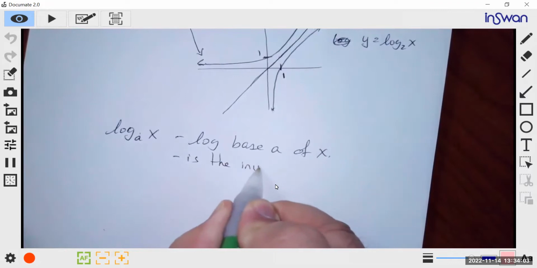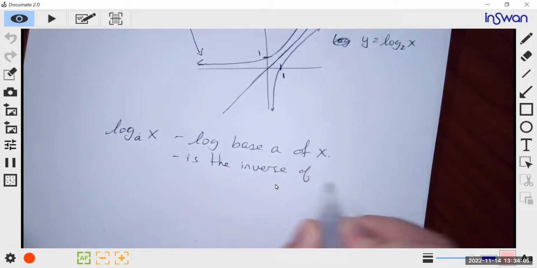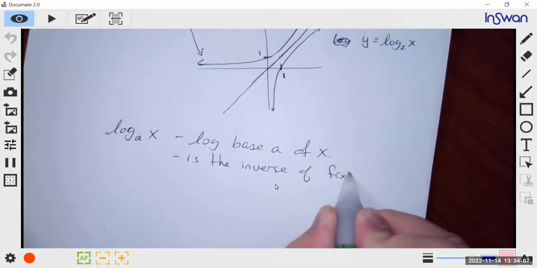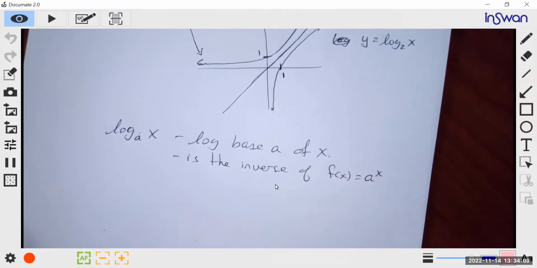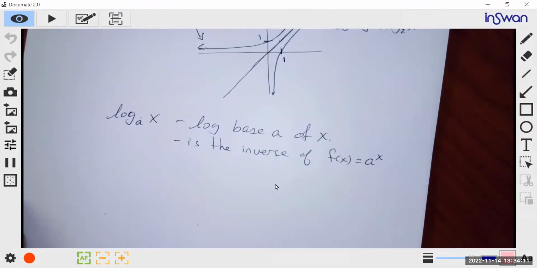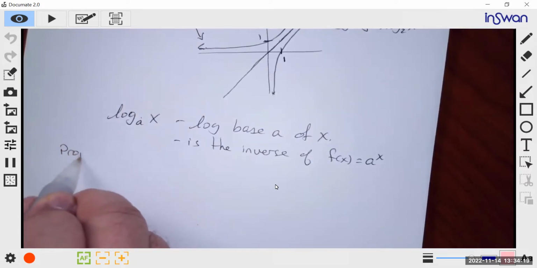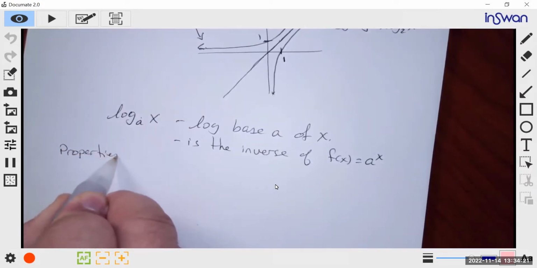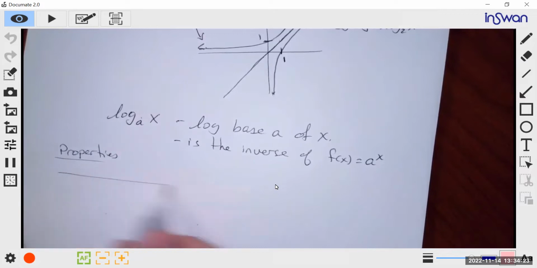It is the inverse of f of x equals a to the power x. Let's look at their properties.